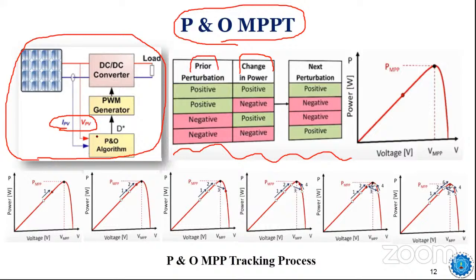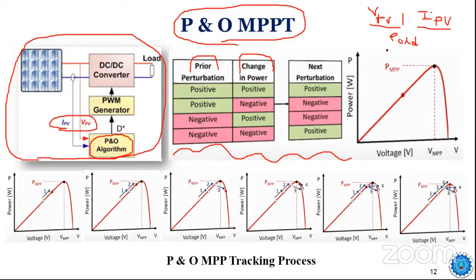When I say P&O algorithm, I think you all might have seen a flow chart where we are sensing the VPV, IPV. In the afternoon I told you I'll show you the hands-on session on this also. So when we sense the VPV, IPV from the photovoltaic panel, we calculate the power. Then we set this old power, or you can say the set power.